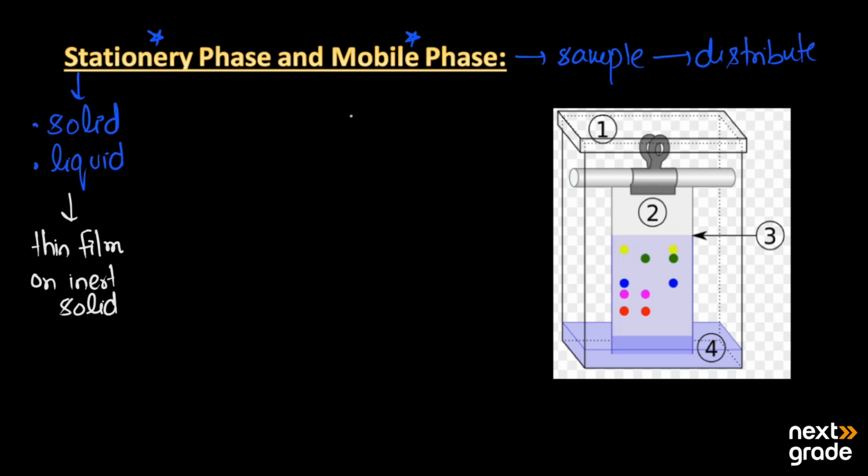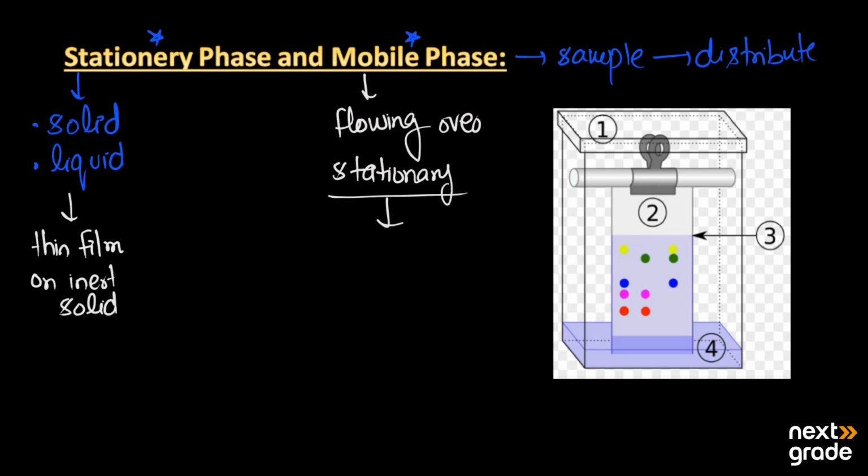Next we have the mobile phase. The mobile phase is always flowing over the stationary phase. It may be of two types, a gas or a liquid.